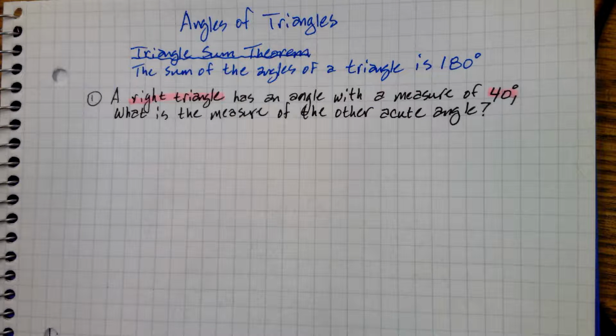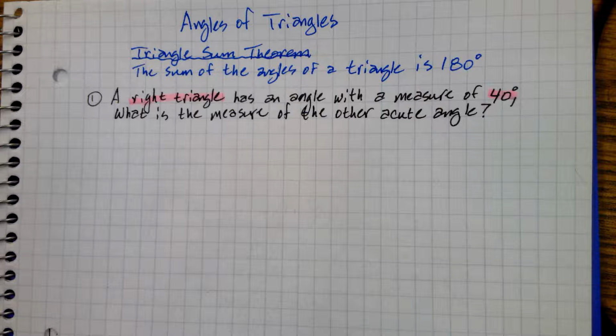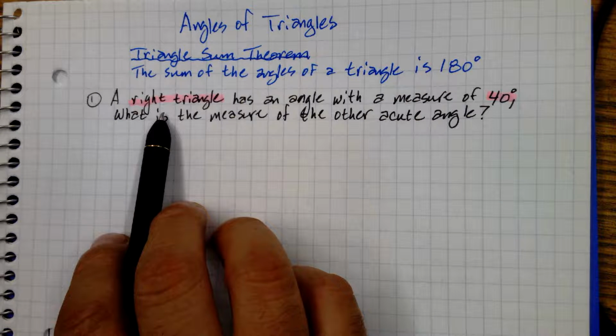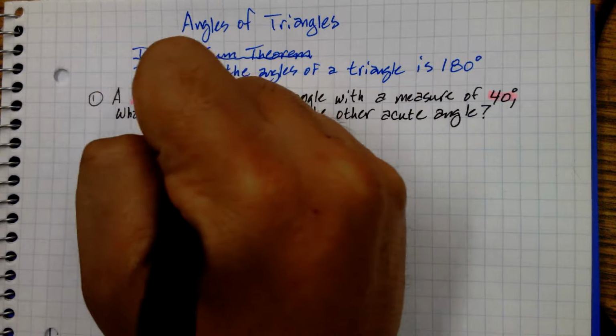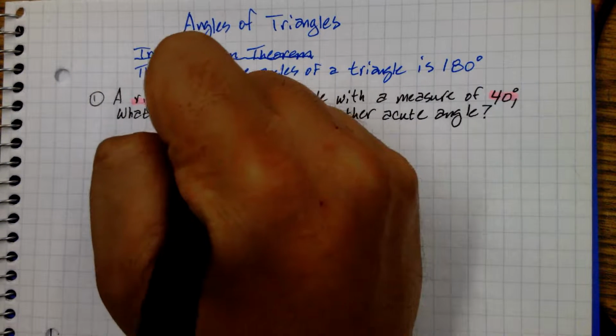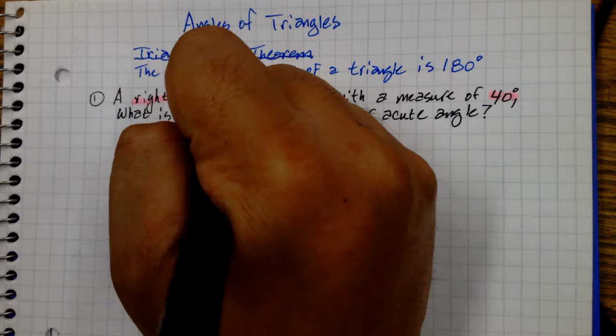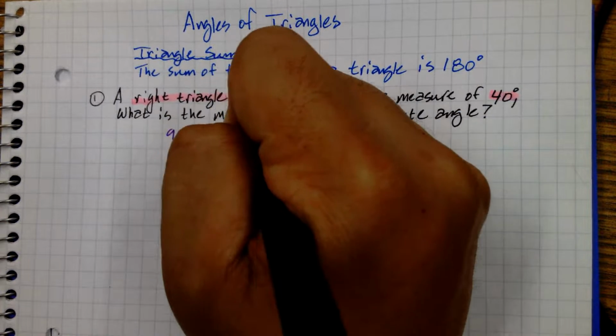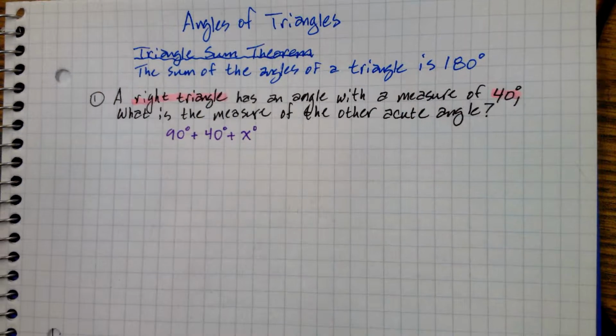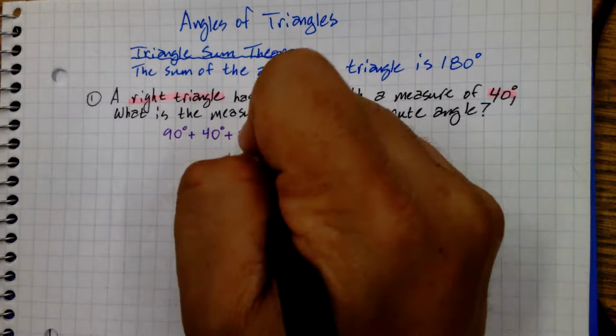And then we want to find the other acute angle. So the right angle has a measure of what? 90 degrees. And we have one that's 40. And our third angle has to be acute, but it's just x degrees.